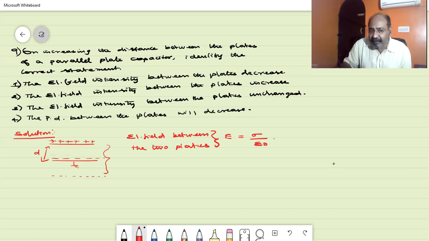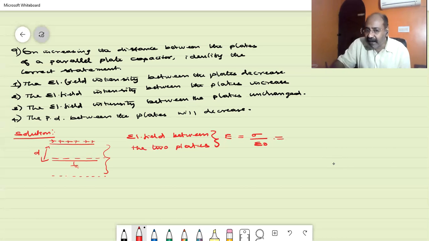So the electrical field in between the two plates is considered to be more or less uniform, since the distance between the two plates is very small. From the application of the Gauss law, we know that electrical field intensity is equal to sigma by epsilon 0. What is this sigma? Sigma is surface charge density, charge per unit area.